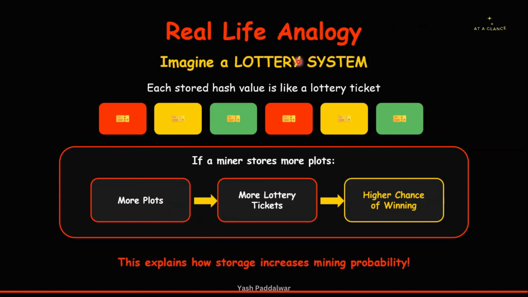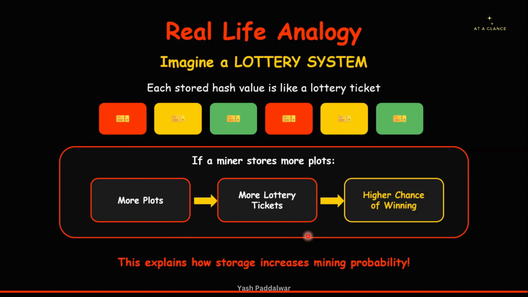Let's take a real life analogy to understand it better. Okay, imagine a lottery system. Each stored hash value is like a lottery ticket. Okay, so you can see, let's say we have two users, one has around 10 lottery tickets and the second user has two lottery tickets. Okay, if a miner stores more plots, if a person has more lottery tickets, that is, person A has 10 lottery tickets, so there are more chances of person A to win, right?